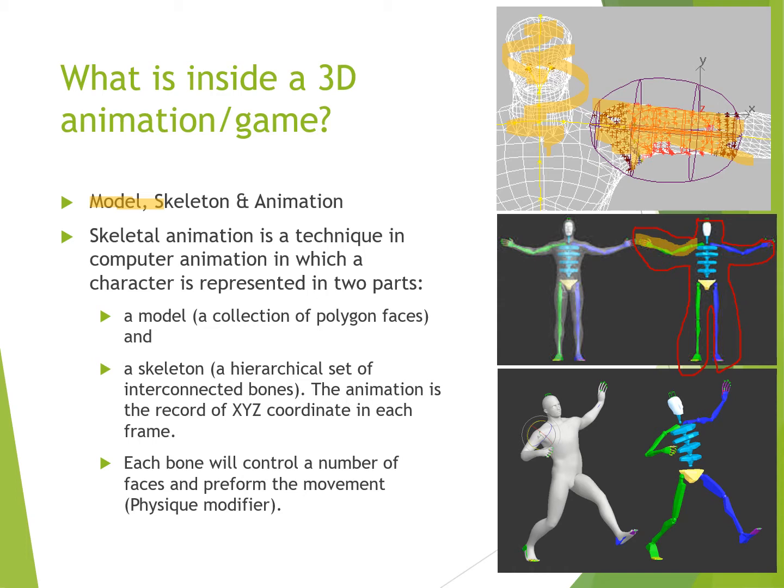For example, you can add a tail, or add more hands to make it a monster, and so on. Each bone of the skeleton controls a set of pawns, so when you move the skeleton, it moves the corresponding pawns.